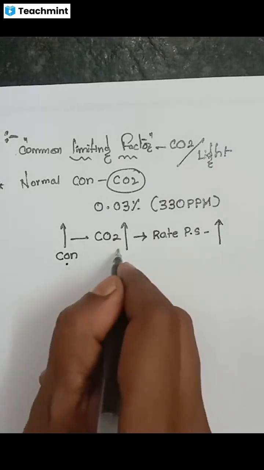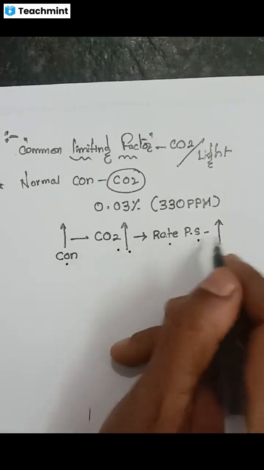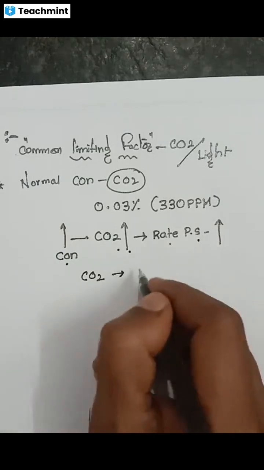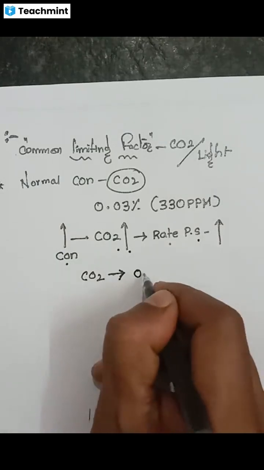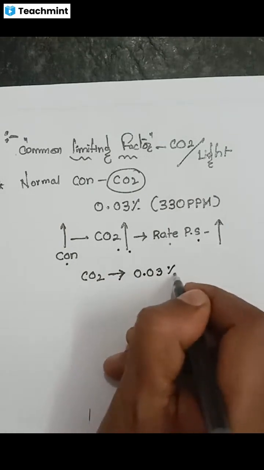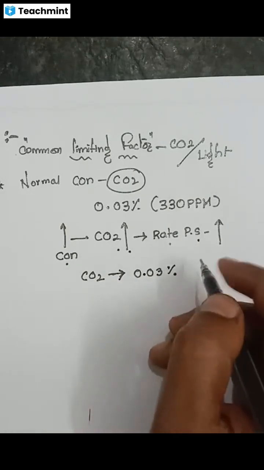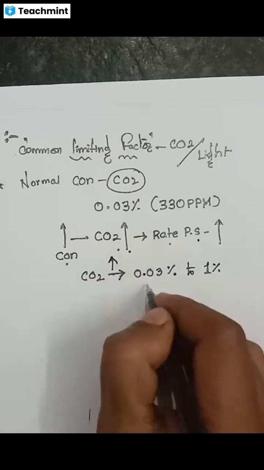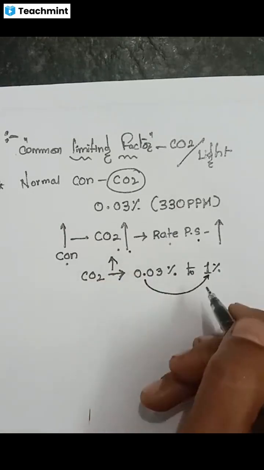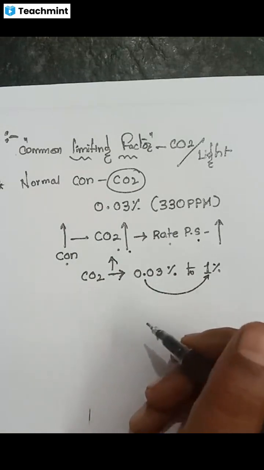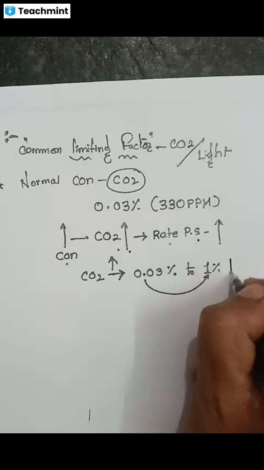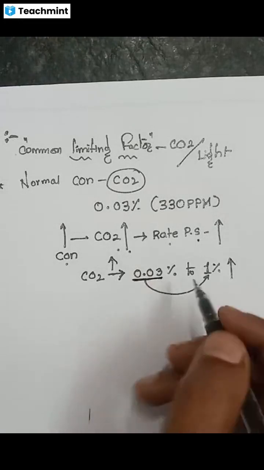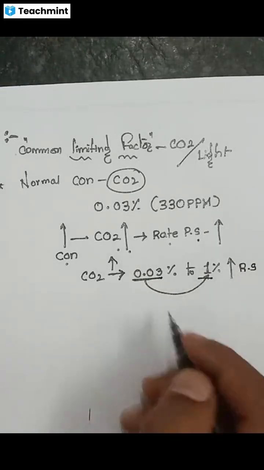When the carbon dioxide concentration is increased from 0.03 percent to 1 percent, the rate of photosynthesis is also increased.